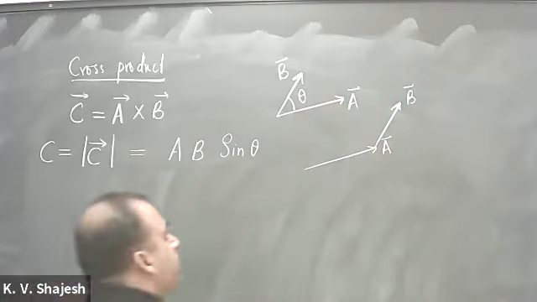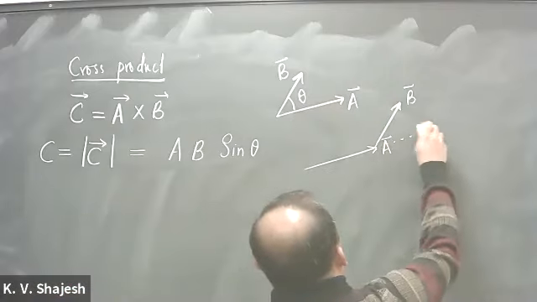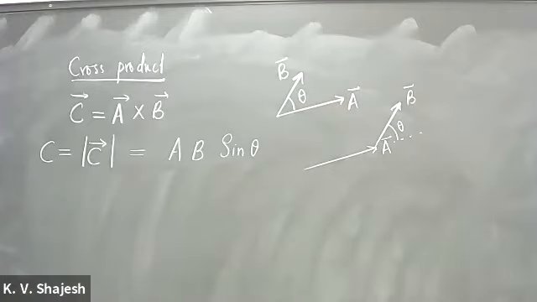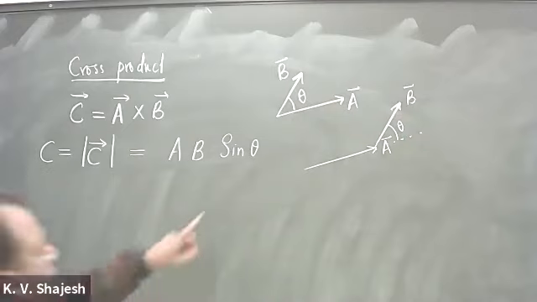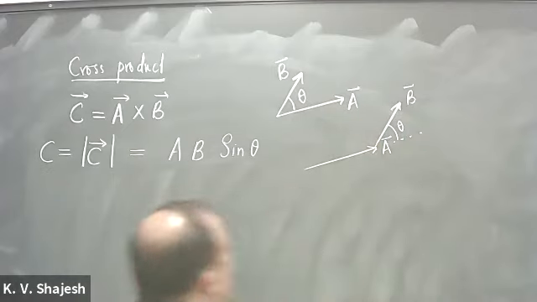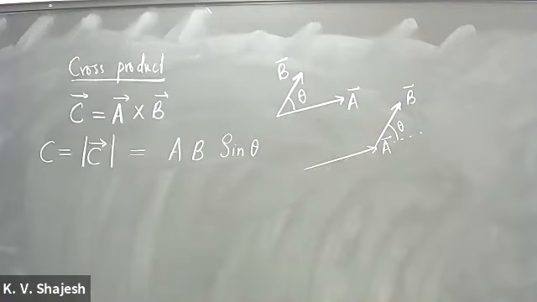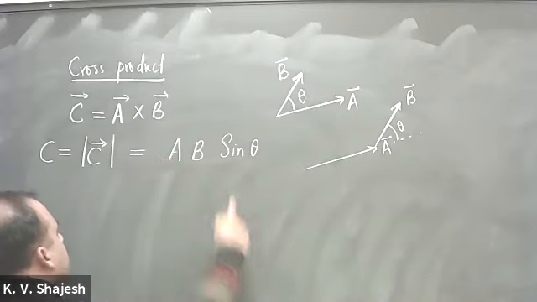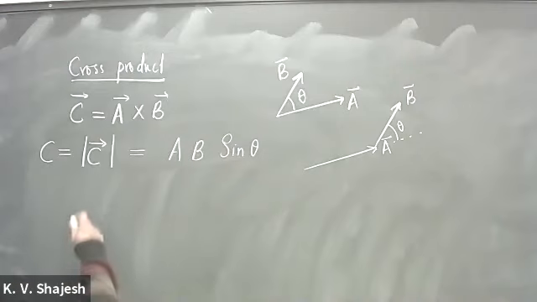In that case, you want to see the angle as the angle between the two vectors, with the tails at the same point. That's your magnitude: length of vector A, length of vector B, times the sine of the angle between them. And there is also a direction.